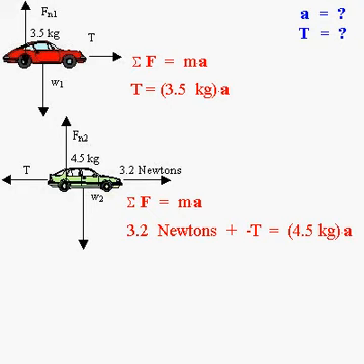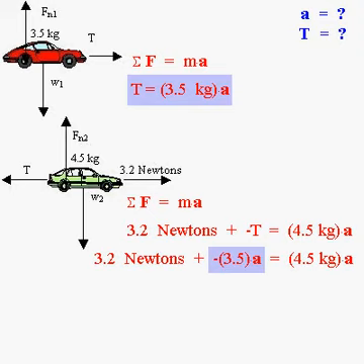Well, once again, we have an equation here that has two unknowns. However, remember, we learned something from the red car. We learned that tension is 3.5 kilograms times A. Let's go ahead and stick that in for T in this equation. So we have the 3.2 newtons plus negative 3.5 kilograms times A equals 4.5 kilograms times A. Now we have one equation with one unknown, and we can solve for it.